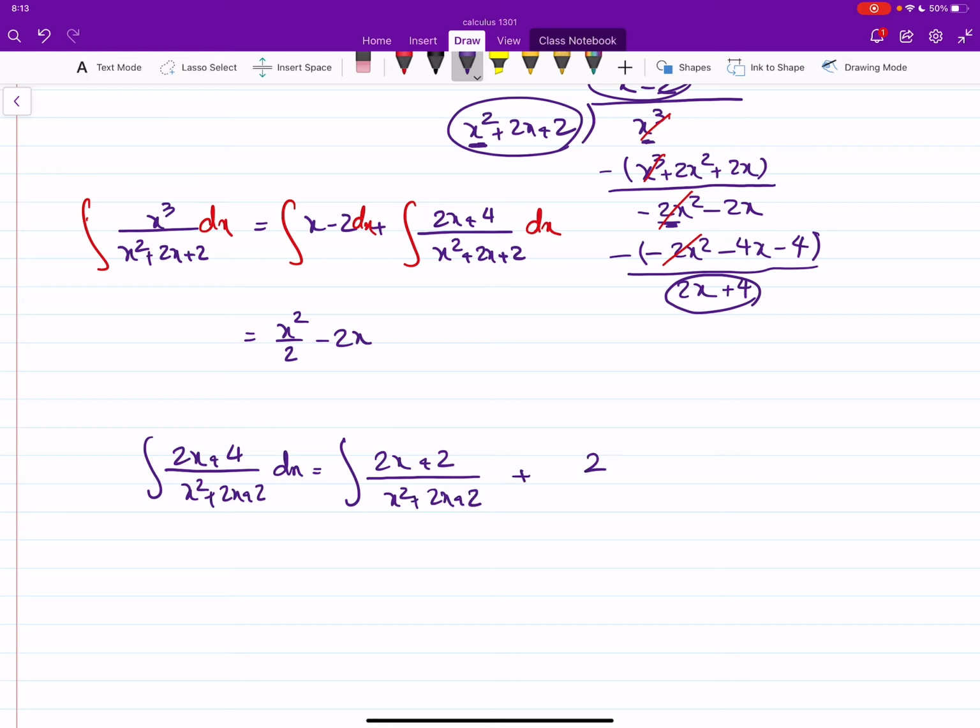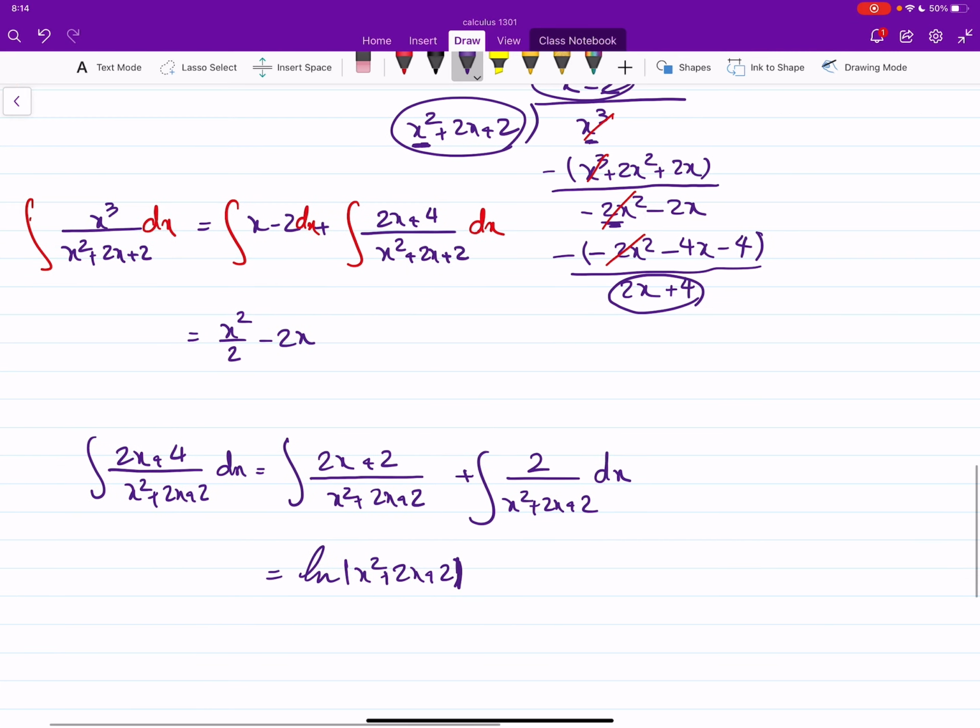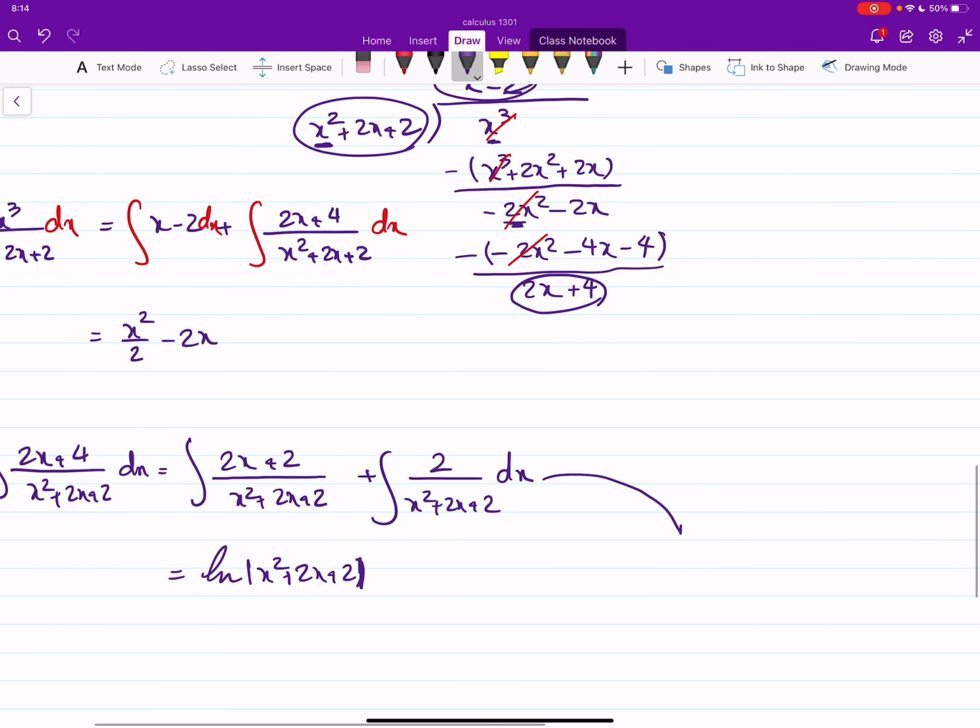If you don't know what I'm doing here, please check the previous video. Over there we explain this. So get rid of 2. This will give me ln of x squared plus 2x plus 2. What does this other one give me? Okay, for that we have to do some work. So that will be completing the square.